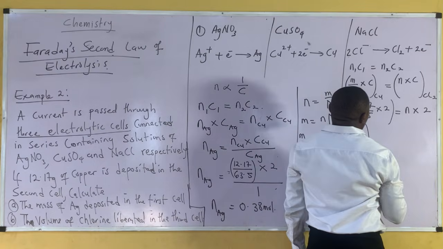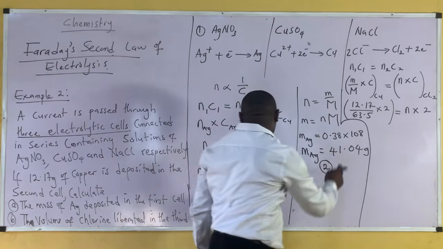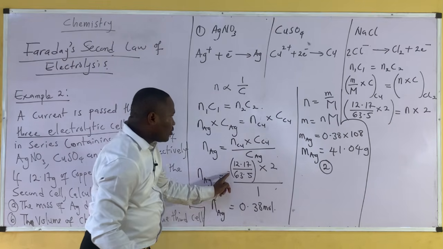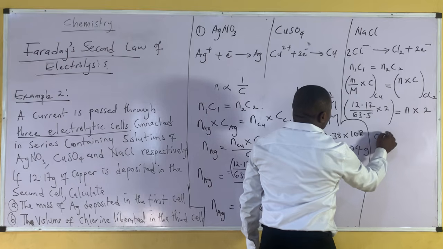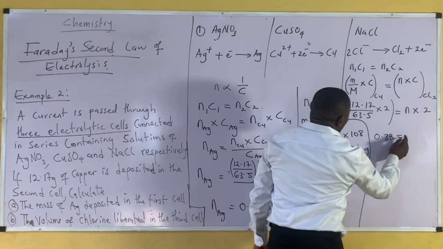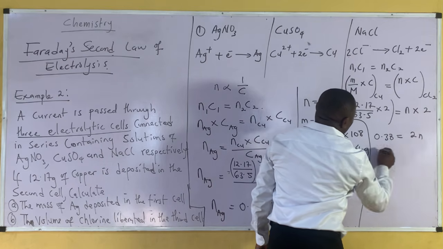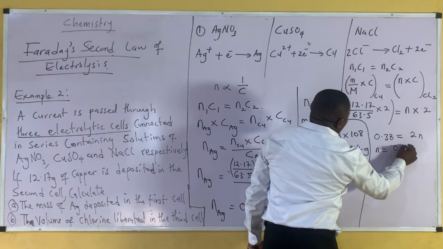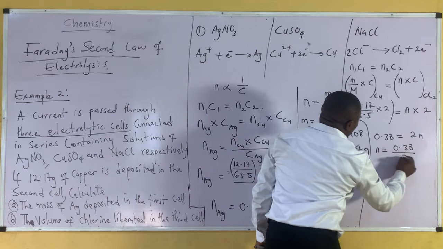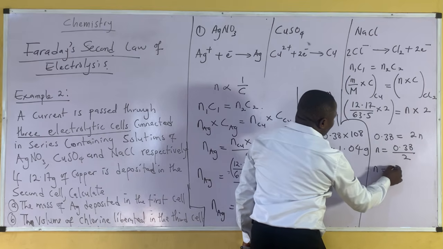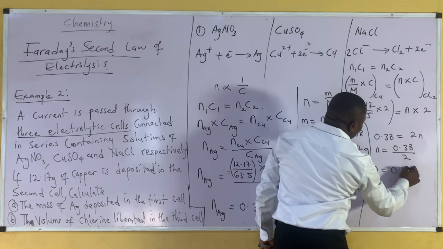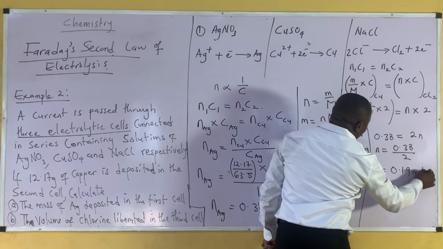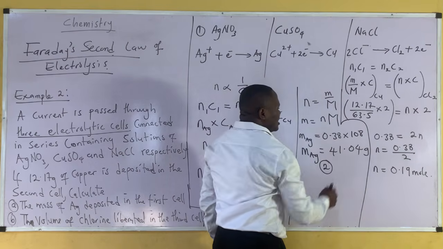So now, what do we have here? This already gives us 0.38, so 0.38 is equal to 2n. My n is now equal to 0.38 divided by 2, which is 0.19 mole.